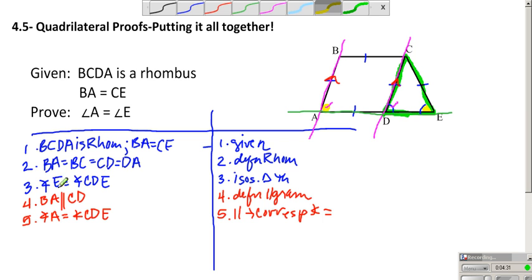And then if I look, I've got E equals CDE, and I've got A equals CDE, and that means that angle E is equal to angle A by substitution. And that completes that proof.